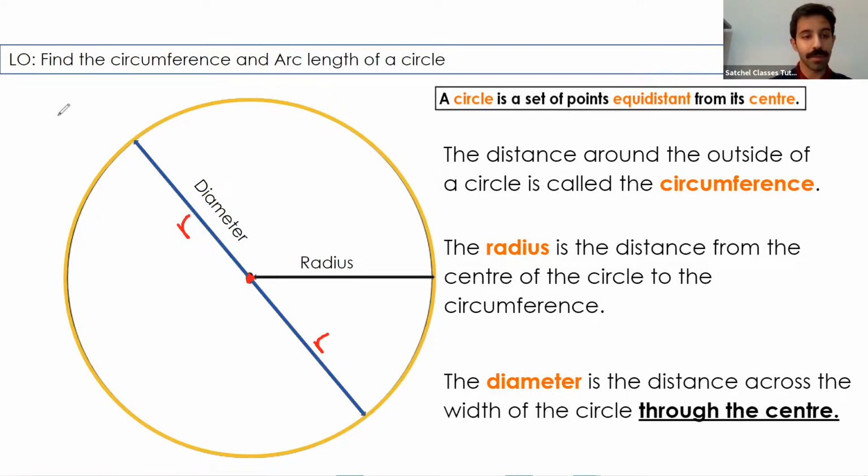So what we should be able to realize is that 2 radiuses, or 2 radii, are equal to 1 diameter. And this is another important relationship we need to understand. Okay, moving on from this. Again, I'm just going to clear my screen.